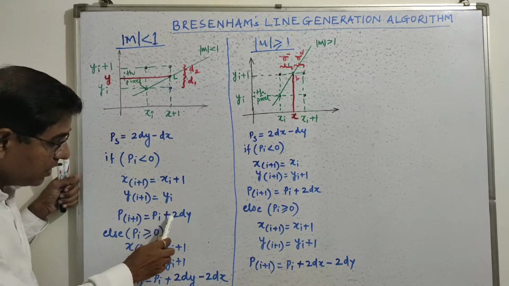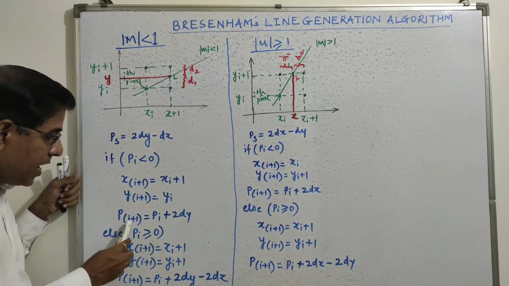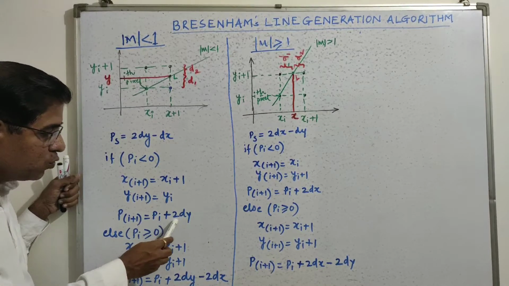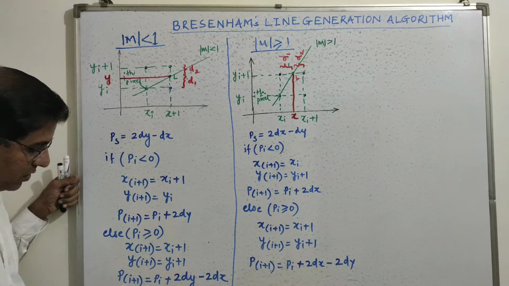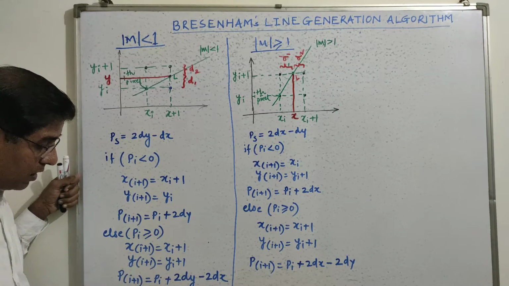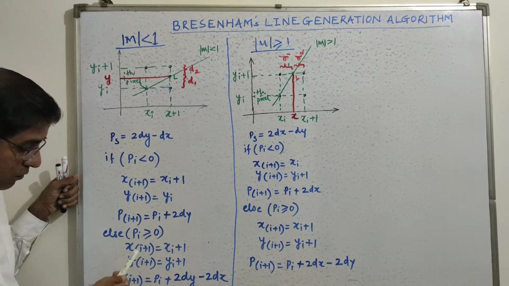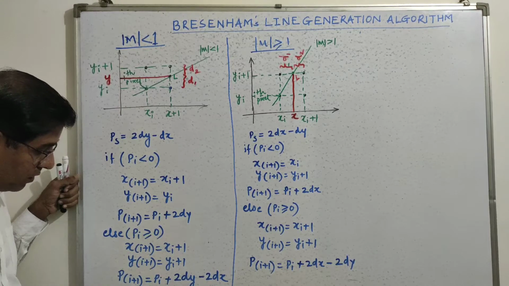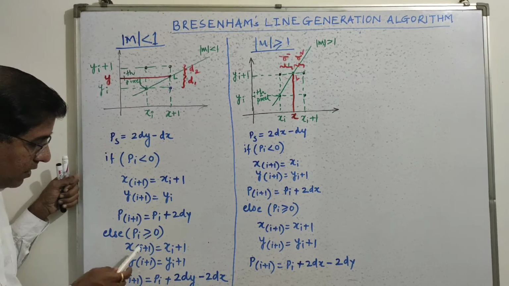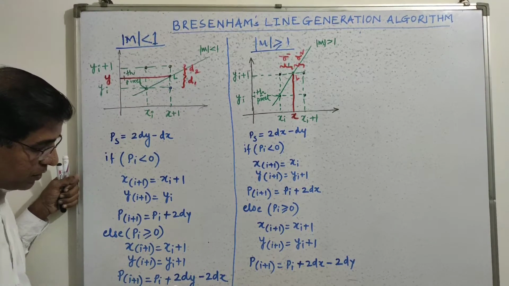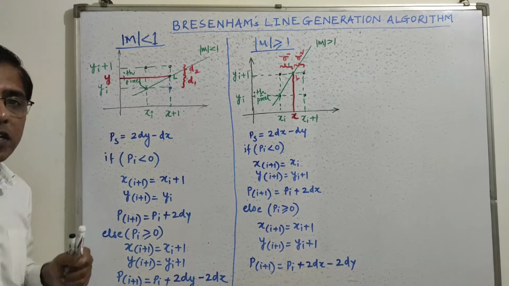This is the next decision parameter: pi plus 1 is equal to pi plus 2 dy, for the pi less than 0 condition. For the pi greater than or equal to 0 condition, the decision parameter for the next pixel is pi plus 2 dy minus 2 dx.